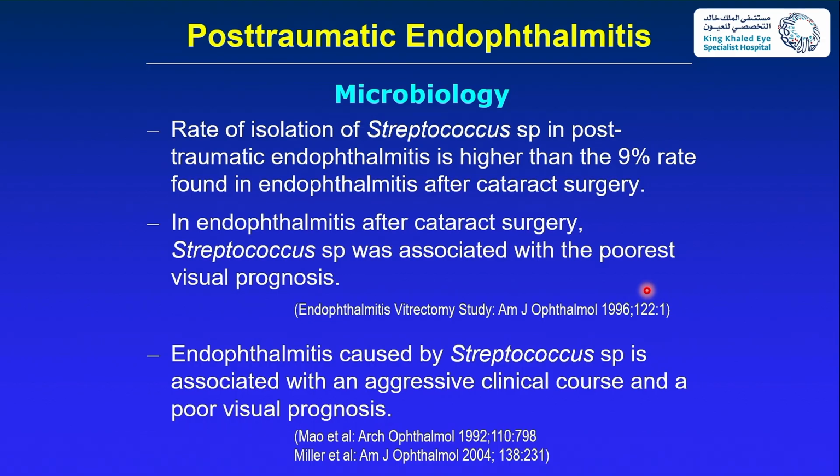The rate of isolation of Streptococcus species in post-traumatic endophthalmitis is higher than the 9% rate found in endophthalmitis after cataract surgery. In endophthalmitis after cataract surgery, Streptococcus species was associated with the poorest visual prognosis.